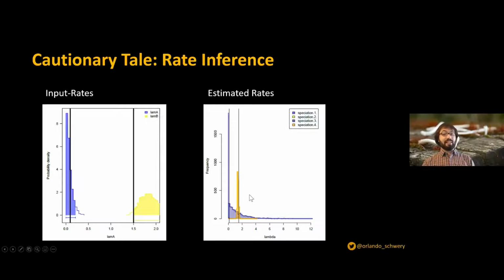So obviously, if we take rates from this distribution, those rates are not going to be in two different classes. And so we end up with trees where we do have trait dependence, or trees where we have the same rates.